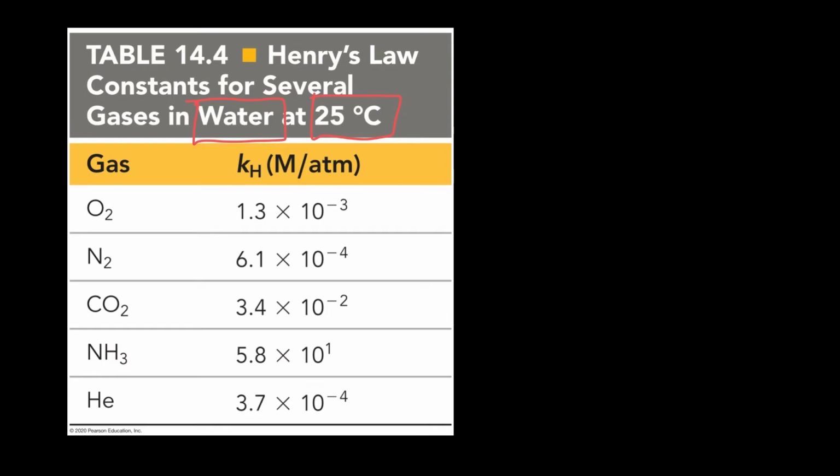So here are a bunch of Henry's law constants, and they're given in those weird units of molarity per atmosphere, and let me explain why. The Henry's law equation says the solubility of the gas in the liquid, in this case in water at 25 degrees C, is equal to the Henry's law constant times the pressure of the gas.